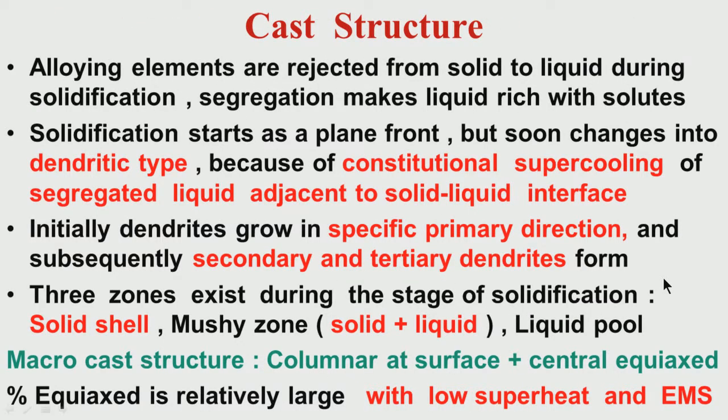I have also discussed the cast structure. I have mentioned that steel is not just pure iron. If you cast pure iron, maybe we have a plane front of solidification, but since we have a lot of solutes and alloying elements in steel, we have carbon, silicon, manganese, phosphorus, sulfur and other alloying elements depending on the steel grade, which have a lot of segregation potential.